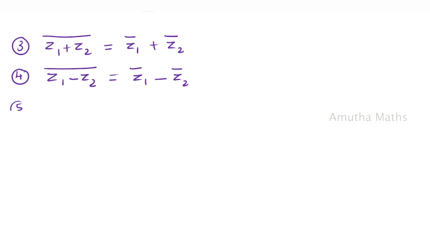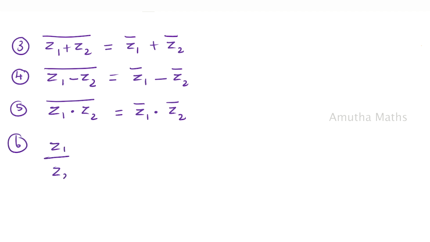Then fifth property is z1 into z2 the whole bar is equal to z1 bar into z2 bar. Then sixth property is z1 by z2 the whole bar is equal to z1 bar divided by z2 bar.